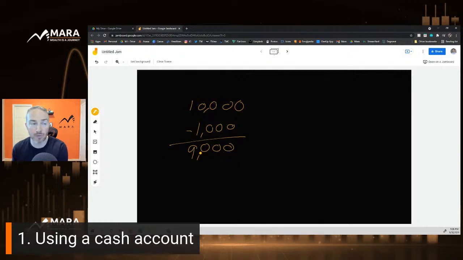It'll take the broker a full 24-hour cycle to clear the account. So you'll be able to day trade with this amount that you have, that 10 grand, but you'll only be able to use up to that 10,000. That's the challenge, or why people want to use margin for day trading.